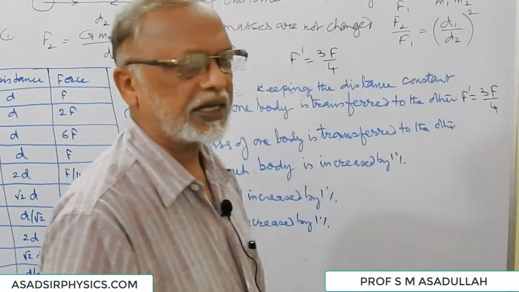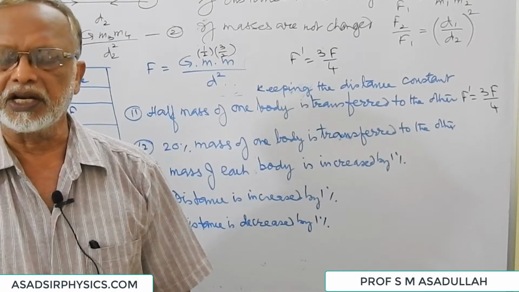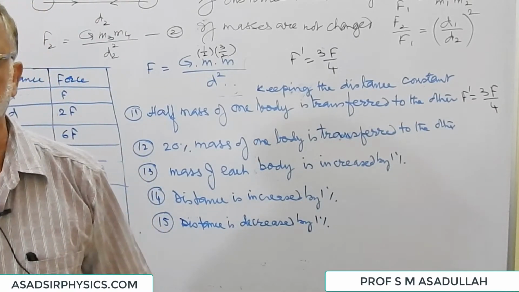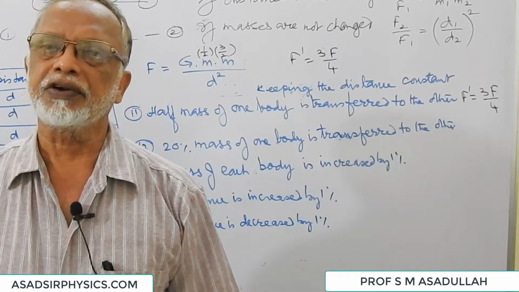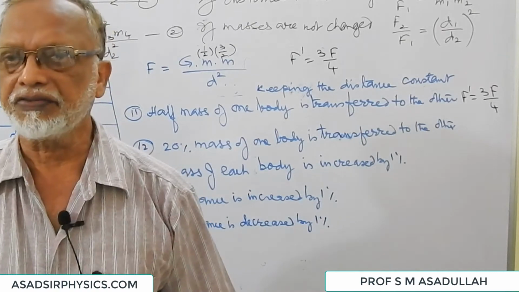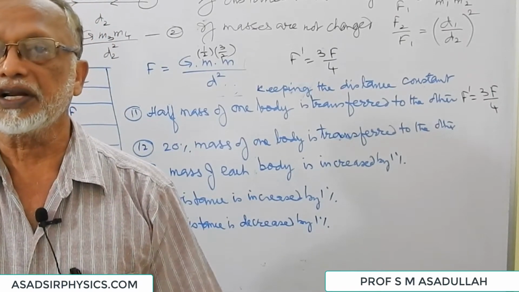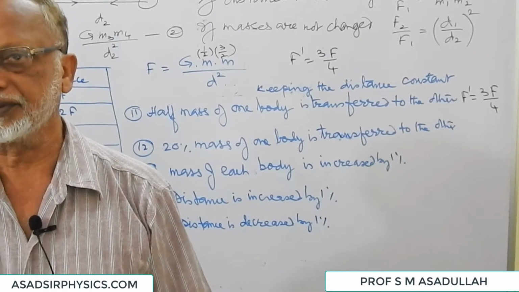Or it may be asked like this, what is the percentage change in the force? 3 by 4 means 0.75. 0.75 means 75%. The new force is 75% of the earlier force. That means what is the decrease? 25% decrease in the force.